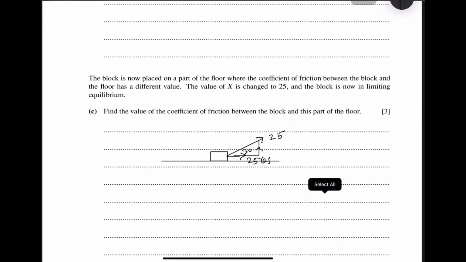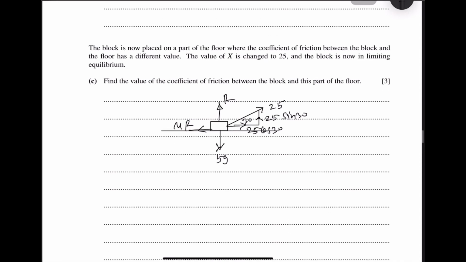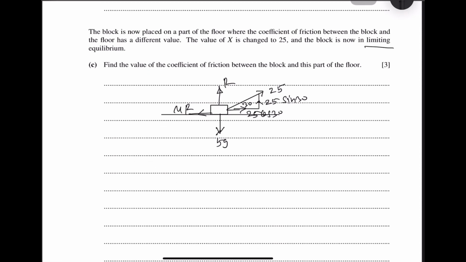25 cos 30, 25 sin 30, normal reaction. This is 5g, this is R. We need to find mu R, so find R. And this is in limiting equilibrium, so obviously acceleration is 0.